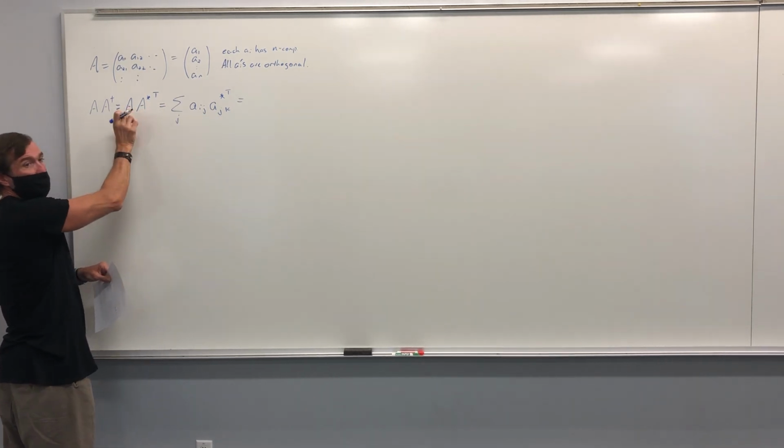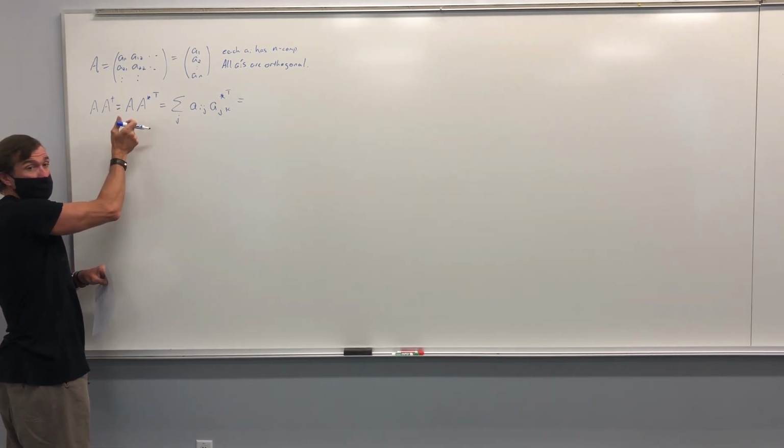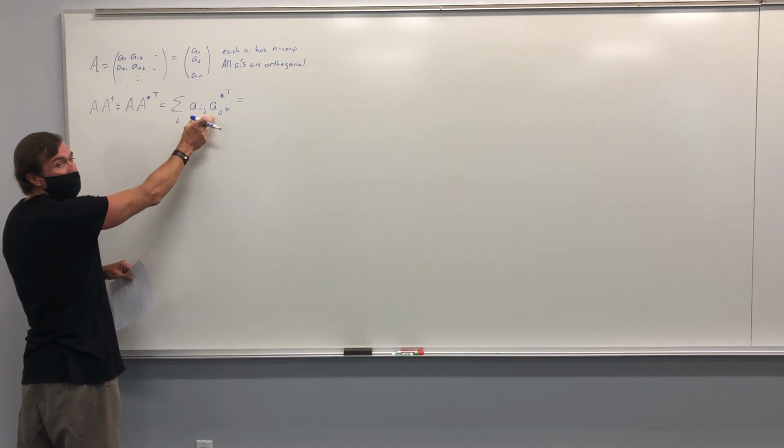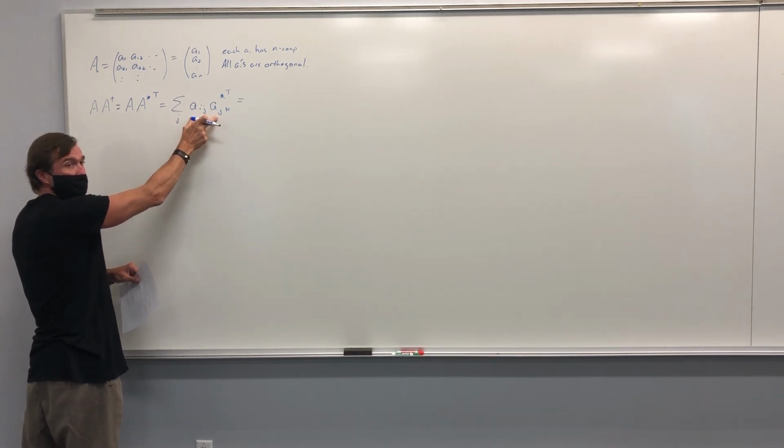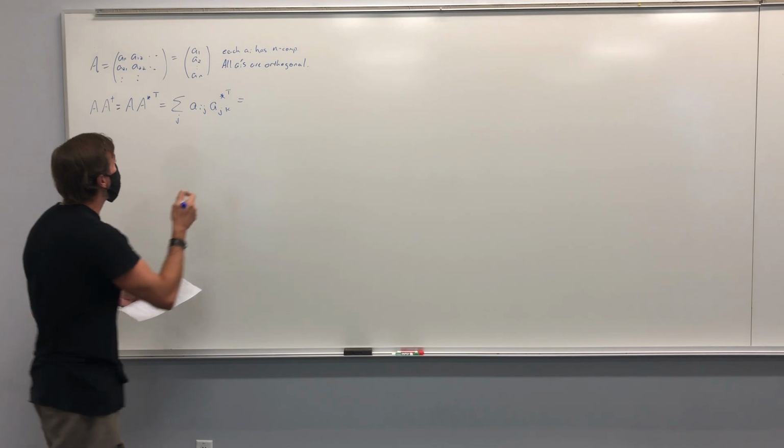You can't flip the order of the matrices because you'll get something different. But you can flip the order of these because these are just numbers. At any rate, we'll flip the order of them.